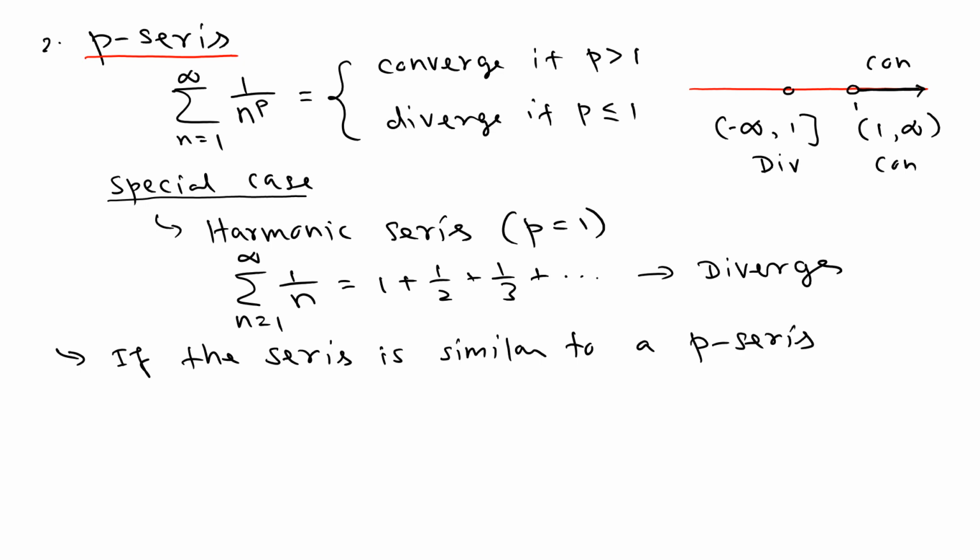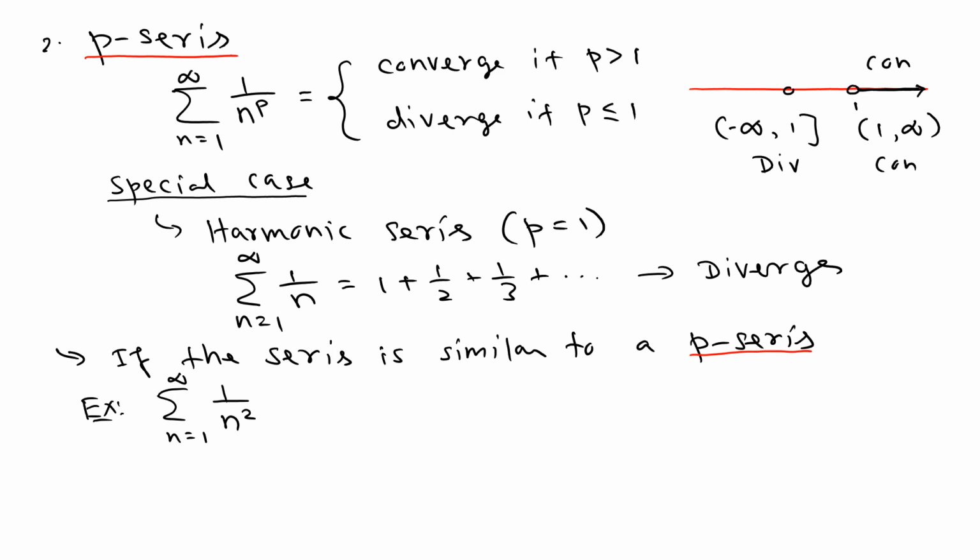If the series is similar to a P series, we're going to use the P series test. So for example, these are the problems that you can try. Let's say you have a problem like this: n going from 1 to infinity, simply 1 over n squared. This is very clear that it's a P series, p equal 2.